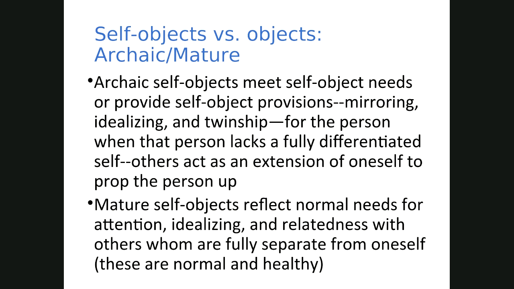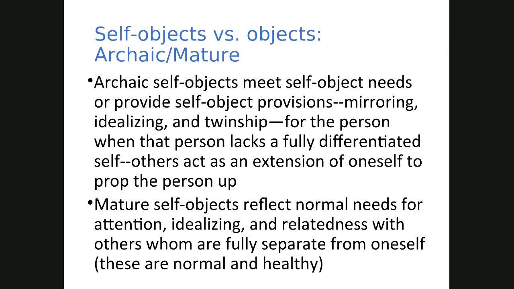So that early self-object use becomes manipulative and it becomes immature, which is why we call these immature defenses that they use. Whereas in adulthood, mature self-objects are those people from whom we get attention and ideal, but we can weather failures in their responses to us.